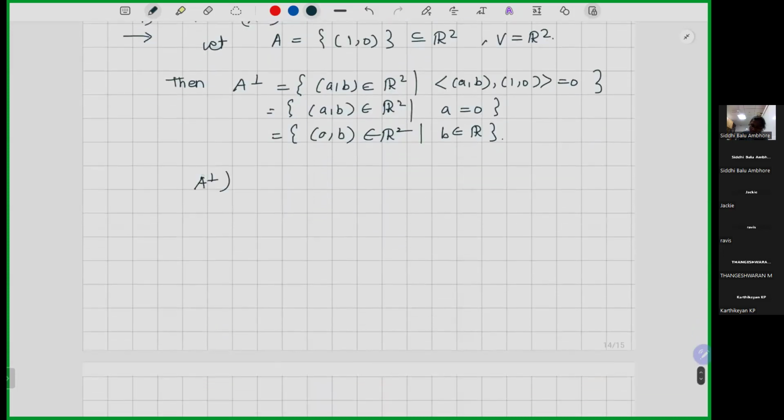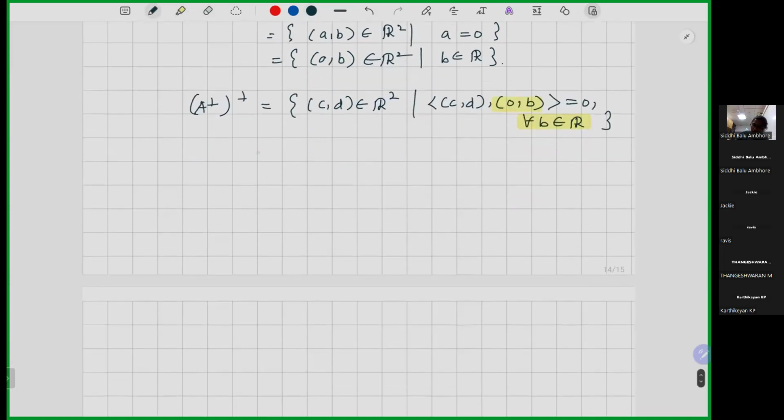And now A perp perp is what? It is all those (c, d) in R2 such that (c, d) dot (0, b) is 0 for all b in R. I hope you understand this when I'm writing this part.